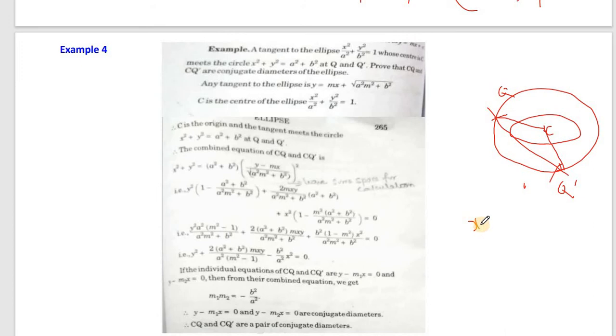So it will be something like this: ax square plus 2hxy plus by square, from which you can obtain the product of the slopes. Once it is homogenized, you will get the combined equation from which the product of the slopes m1 and m2 can be obtained, and if you are able to show that it is minus b square by a square, then the problem will follow. So what is homogenized?